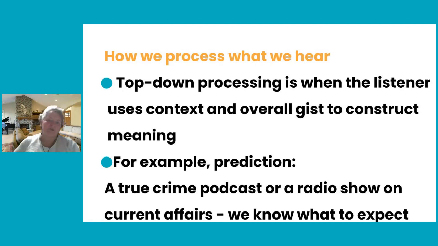For example, if there is a crime story, we already know there's going to be some kind of a perpetrator, like a killer or a thief, and there's going to be a detective, and there's going to be some clues and evidence. So we kind of know what to expect, and then we can get our students ready for this as well. Why not, right? And make it easier for them.